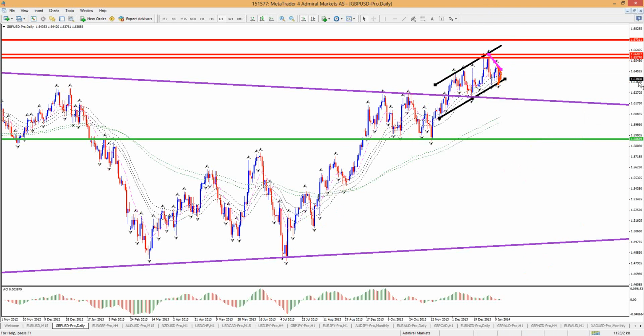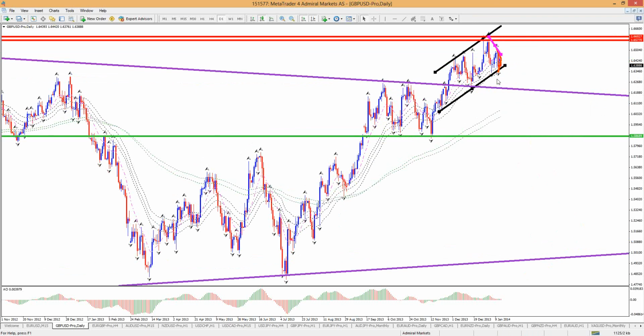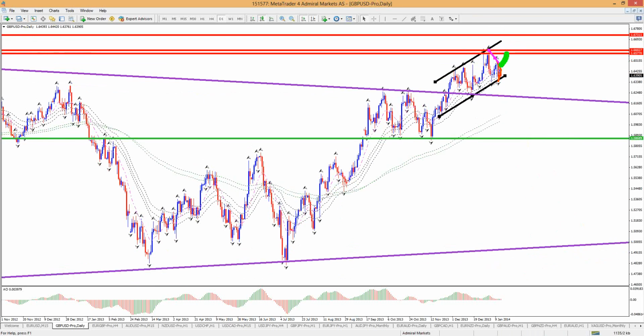For the moment, all we really care about is whether we bounce or break at the bottom of this trend channel. If we break, we know there could be a move down to this level. If we bounce, then we know that there's a potential to move up to magenta. If we break magenta, there's a potential to move up to the red resistances. And then probably down again, a bit at least.